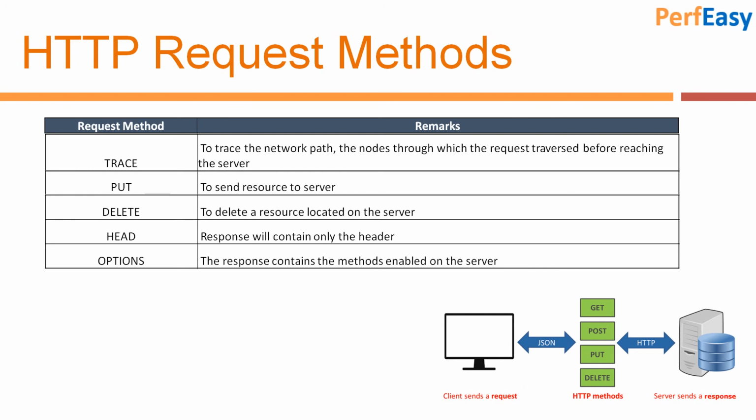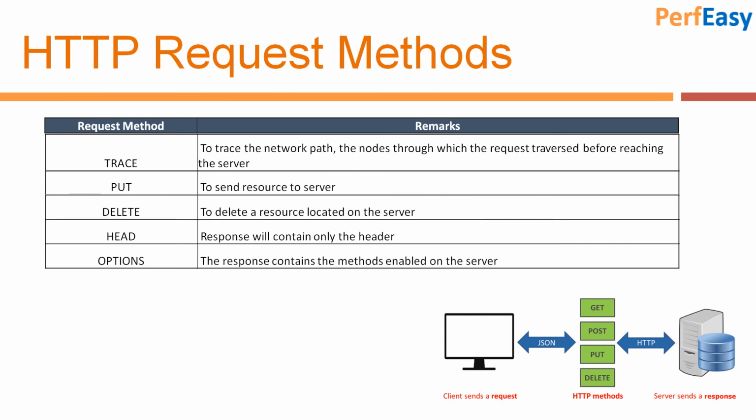Next is options. Options is used by the same team when we are setting up a server. From a security perspective, we have to make sure that only relevant things are enabled and the extra things are disabled. So for example, put and delete are, I would say, risky methods.